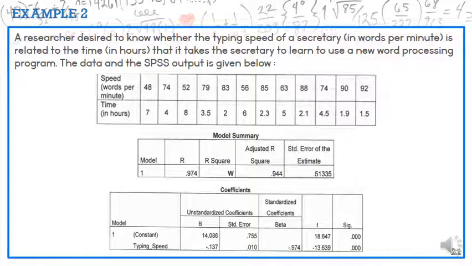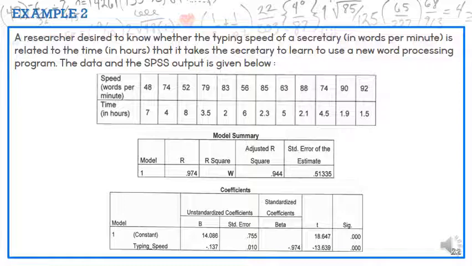In example number 2, okay, a researcher desired to know whether the typing speed of a secretary is related to the time in hours that it takes the secretary to learn to use a new word processing program. So the data and the SPSS output is given below. So dia bagi awak your data, speed, word per minutes and time in hours.